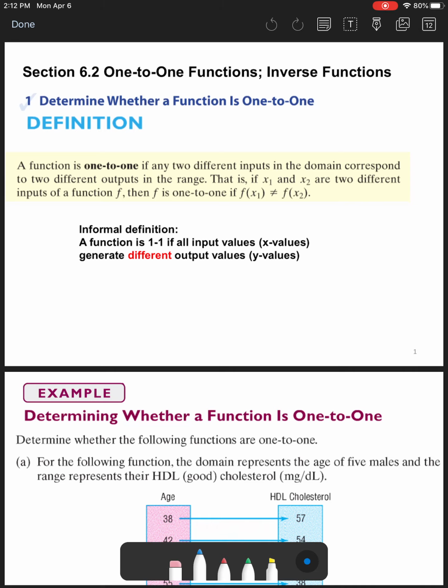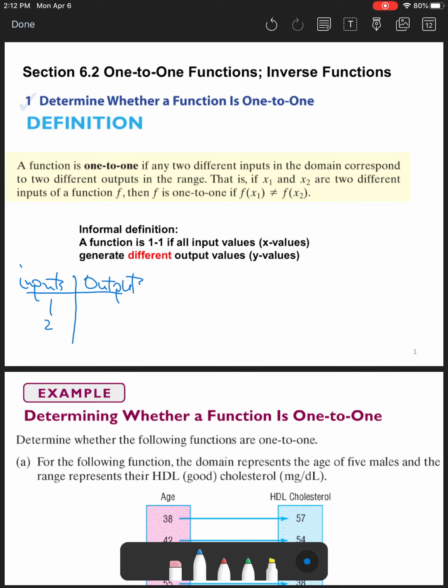So we have inputs, outputs. Now, if the inputs repeat, then it is not a function, all right?